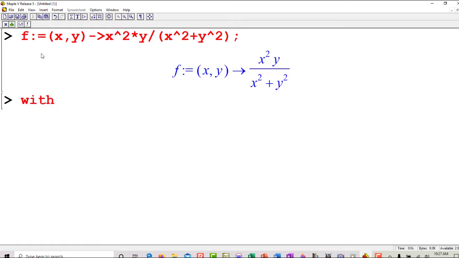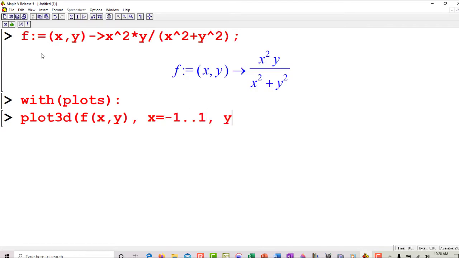And I'm going to plot 3D my function where x values go from, say, -1 to 1, y values from -1 to 1.